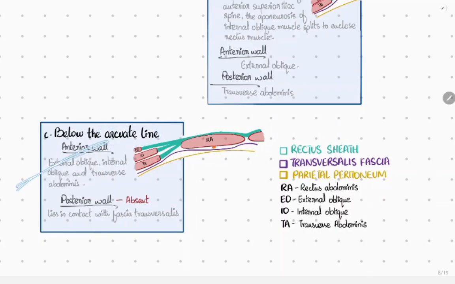This imaginary line where the posterior wall moves to the front is known as the arcuate line, and it is an important landmark for surgeons. It is also the site where the inferior epigastric vessels enter the rectus sheath, present halfway between the umbilicus and the pubic symphysis. So below the arcuate line, the anterior wall is formed by the aponeuroses of external oblique, internal oblique, and transverse abdominis, and the posterior wall is absent.